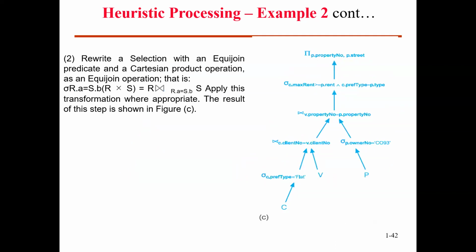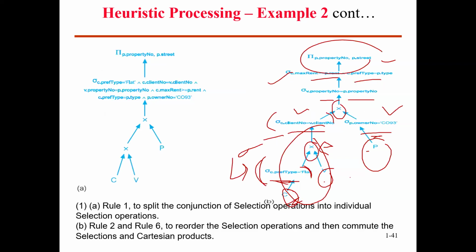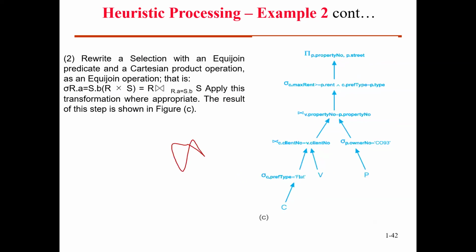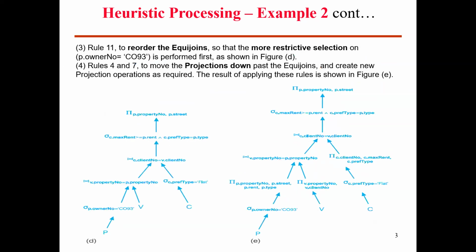Now, another one, what we are doing is we are replacing all these crosses with joins here. So you see join, join, join here. And this remains the same. This remains the same. This remains the same. Now here, what did we do?